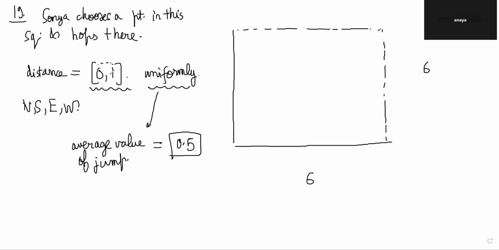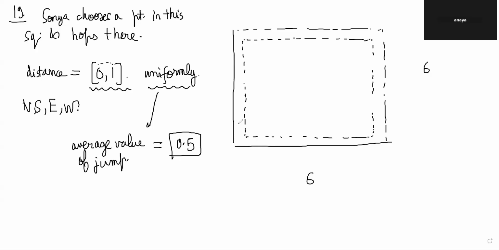Now think about it. If this is the size of the jump, then you have to worry about the boundaries of this half region, like a region which is half distance from the edges, right? Yes.